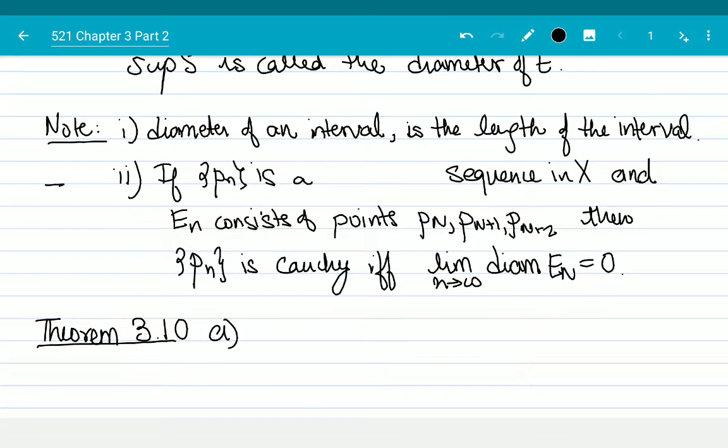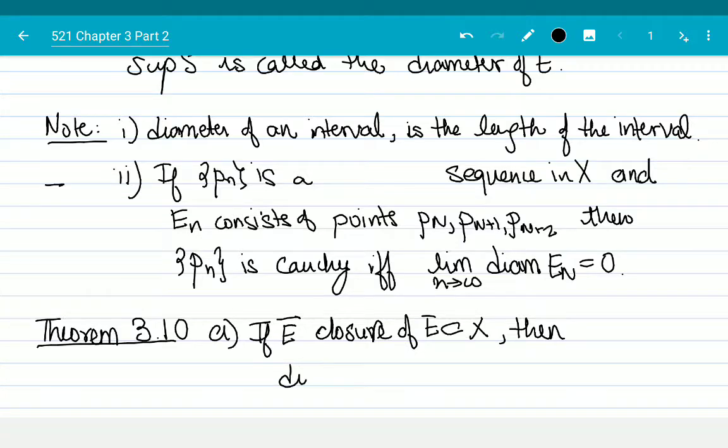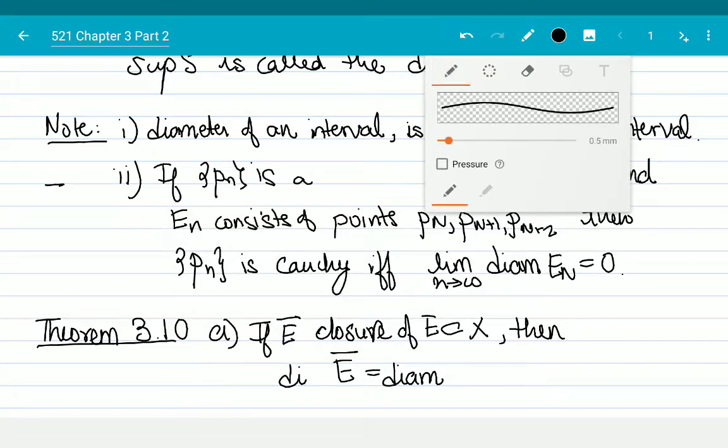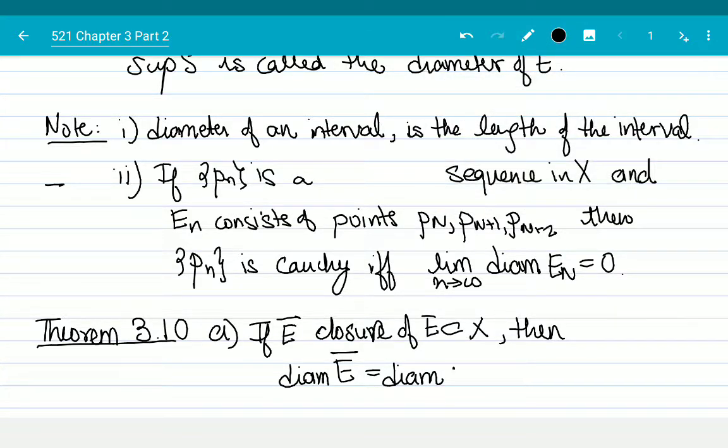Theorem 3.10, part A. If E bar is the closure of E, which is a subset of X, then the diameter of E bar is equal to the diameter of E.